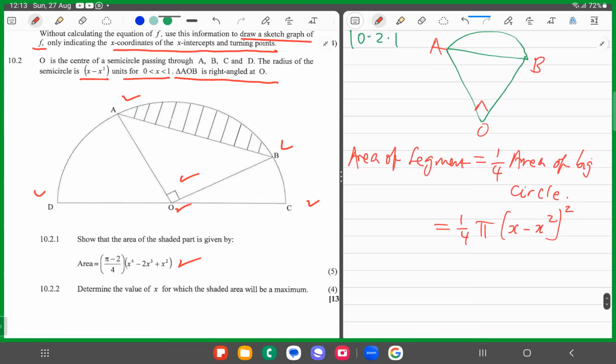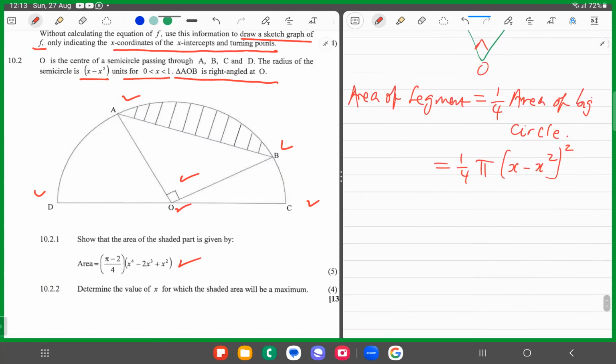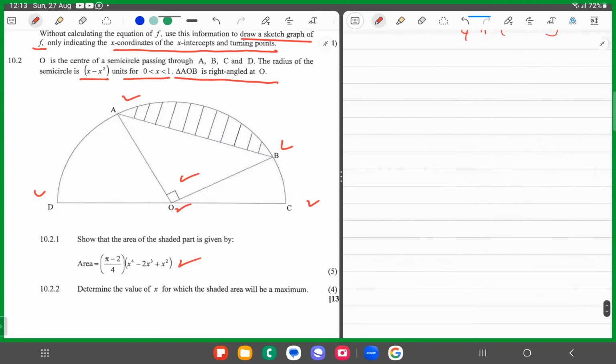And then now we just need to get the area of the triangle AOB. So you can draw a baby triangle like this.